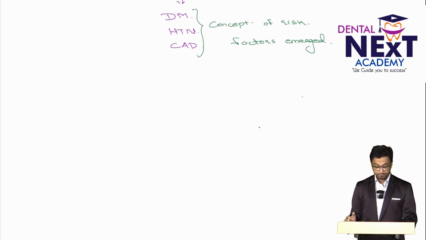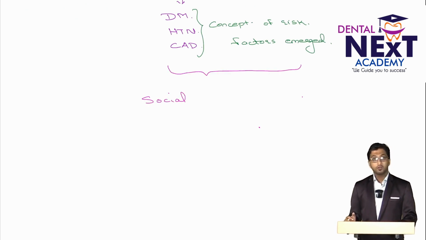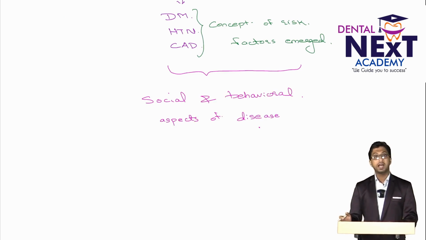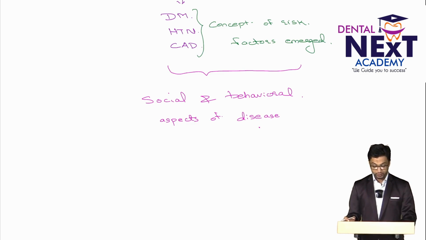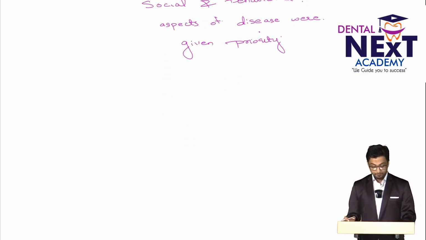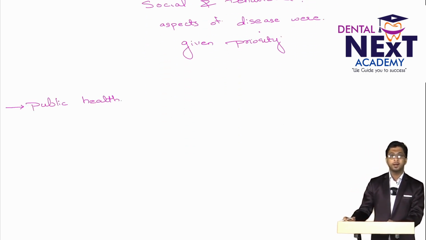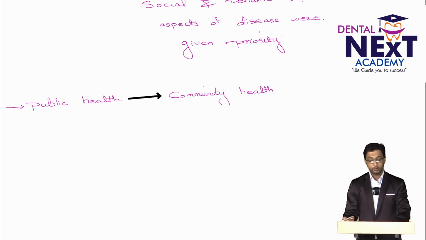Based on this, there came the understanding of the social and behavioral aspects of disease: behaviors like lack of exercise and smoking were given more importance. Then the concept of public health got converted to community health.